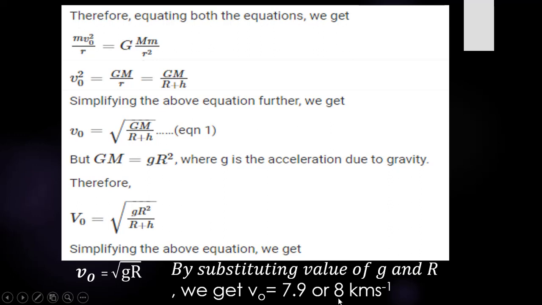That means if you throw an object from the earth at a speed of 8 kilometer per second, then the object will reach a certain height and it will start to rotate around the earth in a particular orbit.